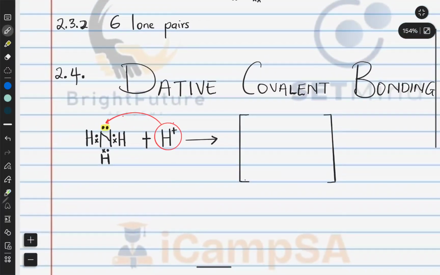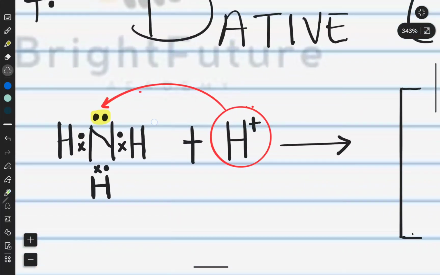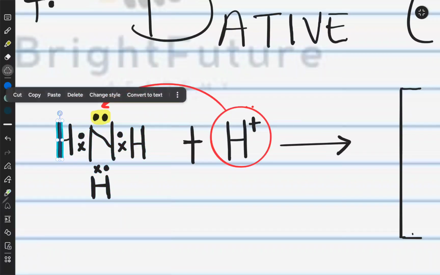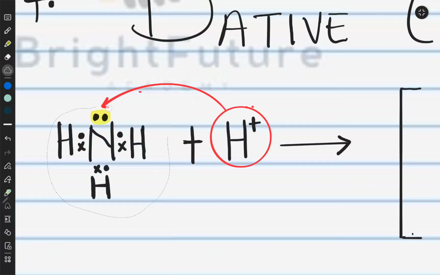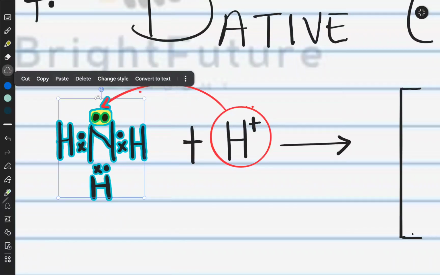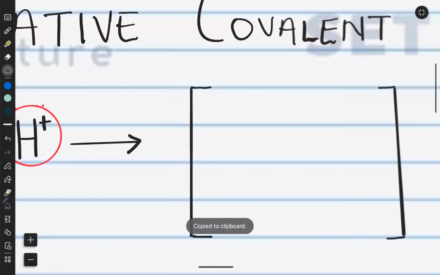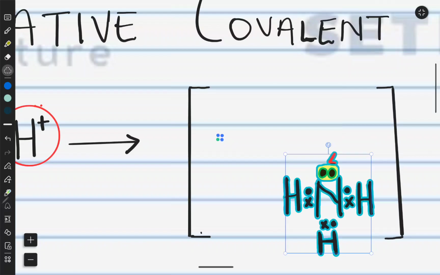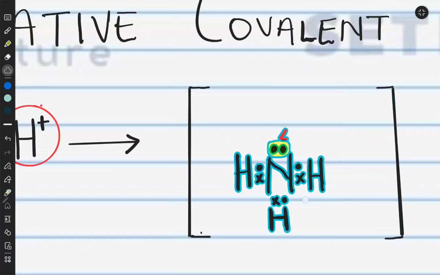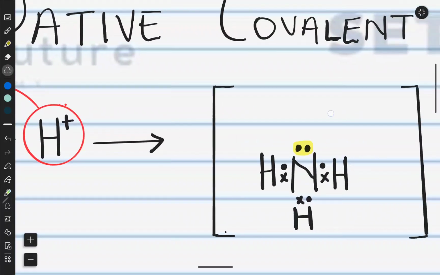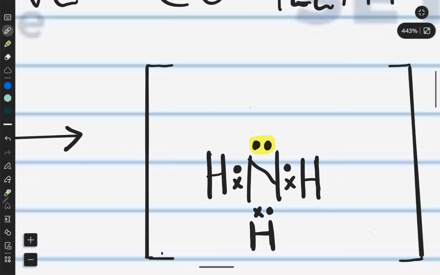And then we take our ammonia, we bring it here, and then our hydrogen atom will come and sit on top of these two.